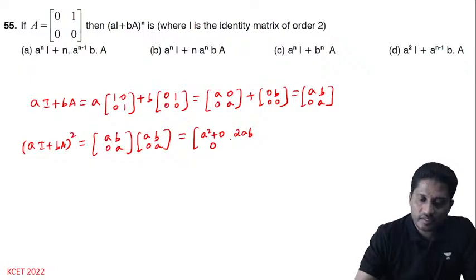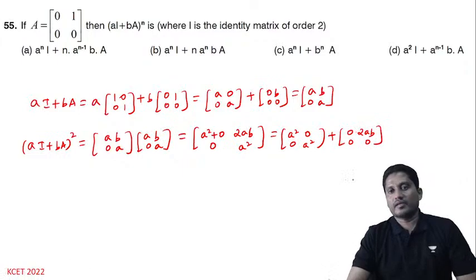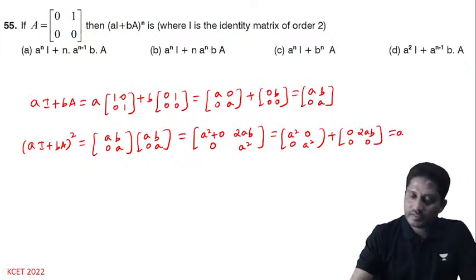Second row, second column is a square. Okay, so that's equal to a square 0 0 a square plus this is 0 2ab and 0 0. You add, you get back the same thing. So this can be written as a square into I plus 2ab into A.